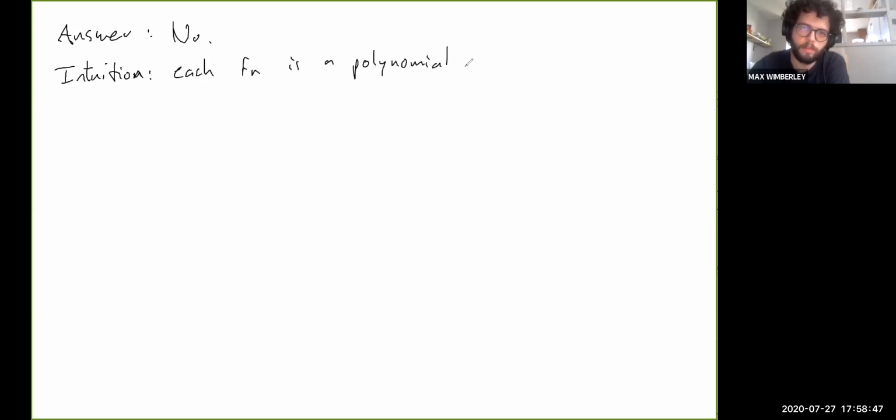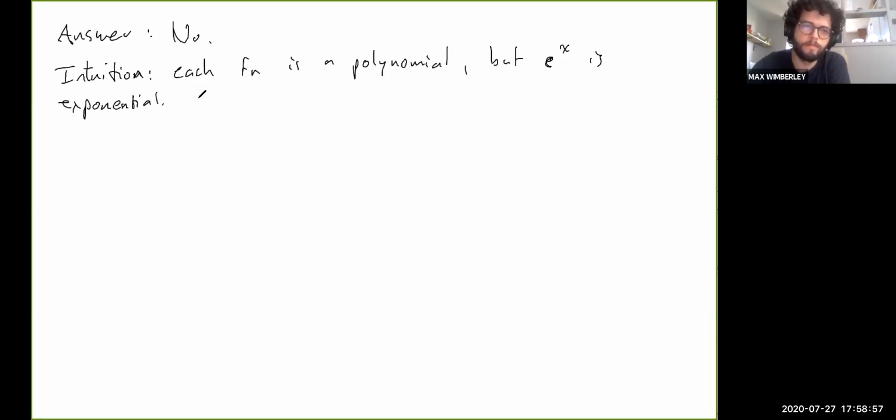But anyway, here's how I want you to think about it. So the answer is no. There's an intuitive reason. The intuition is that each Fn is a polynomial, but e to the x is exponential.